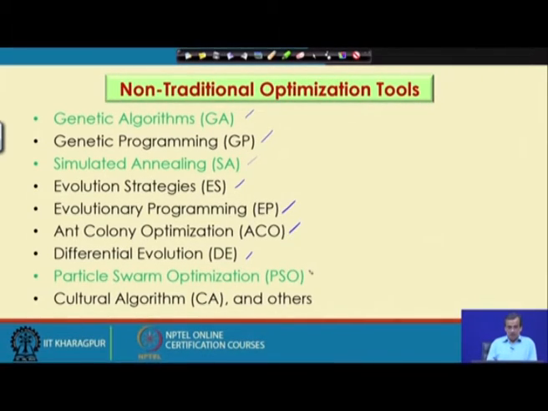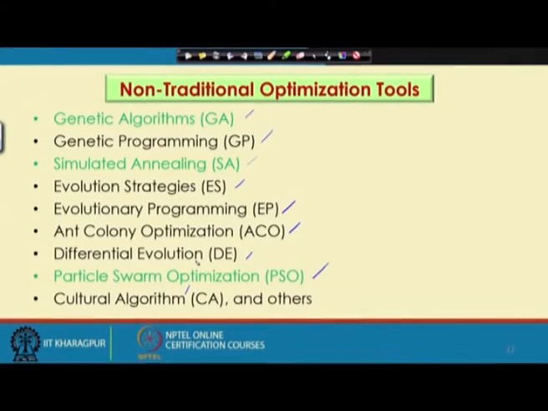Then we have particle swarm optimization, and the cultural algorithm, which is once again another modified version of genetic algorithms, and others. The list is very big. We have some other non-traditional optimization tools also.